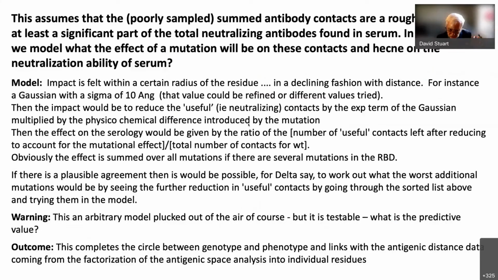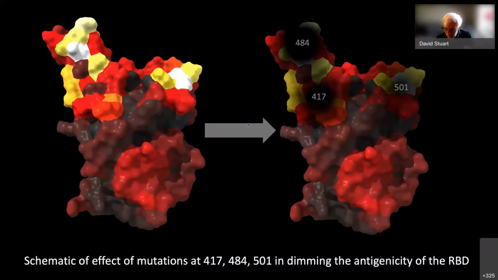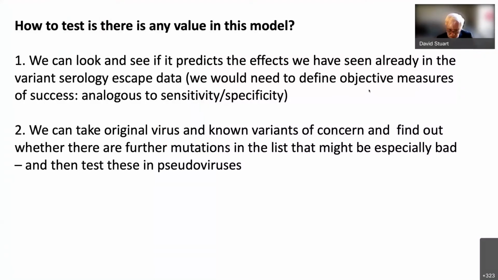So there are a lot of caveats to that, but this modeling, I think, makes pretty good sense. You can see here that if the mutations reduce the number of possible contacts with the antibody, they're essentially rendering the RBD much less visible to the immune system.